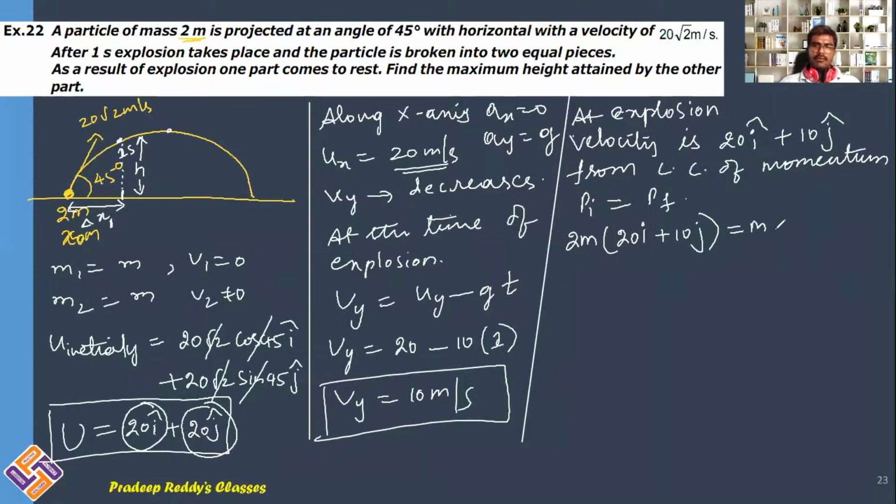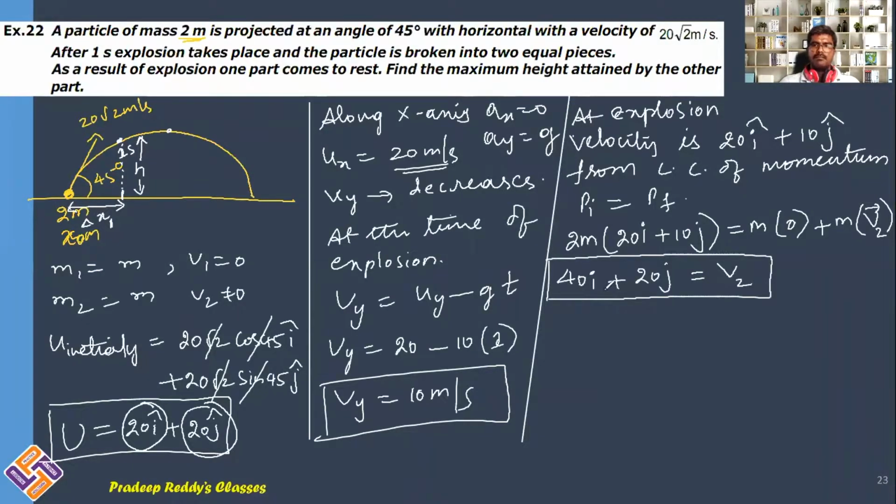M1 mass is m, and it is coming to rest, therefore it is 0, plus m2 mass is m, and you are about to find out its velocity. So m on both sides gets cancelled. This is 40i plus 20j is equal to V2. This is velocity of the second particle. So V2 bar is equal to 40i plus 20j.